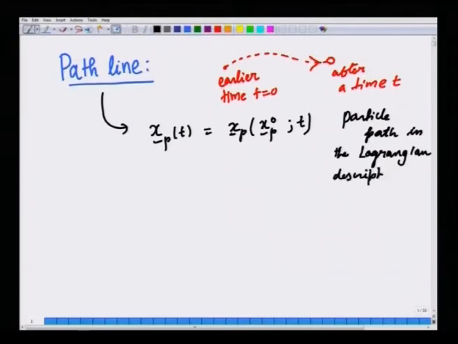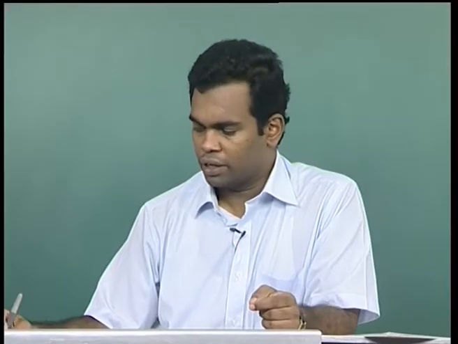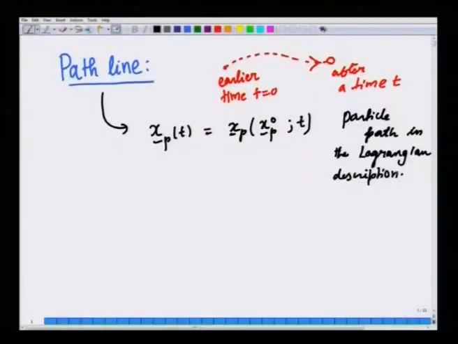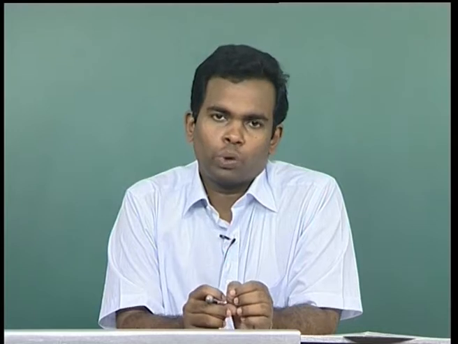The path line is a way of obtaining that particle path experimentally. This is done by introducing a puff of smoke at a given point in space instantaneously, and you visualize how this puff of smoke or a point of dye in a liquid moves as a function of time. This gives you the particle path, or what is called the path line.